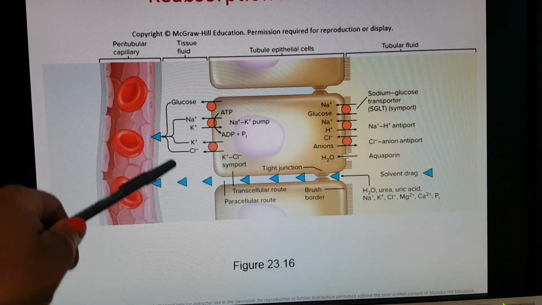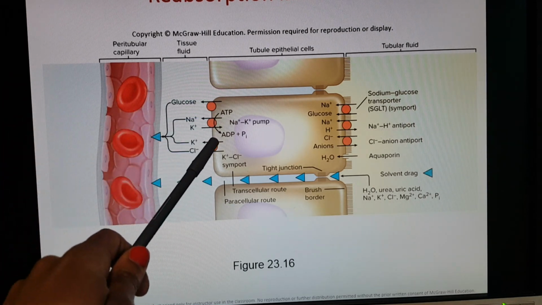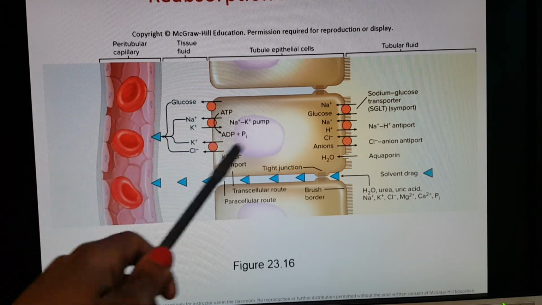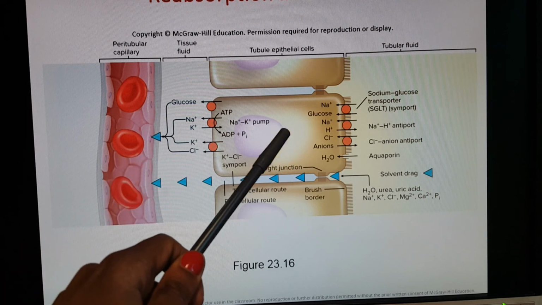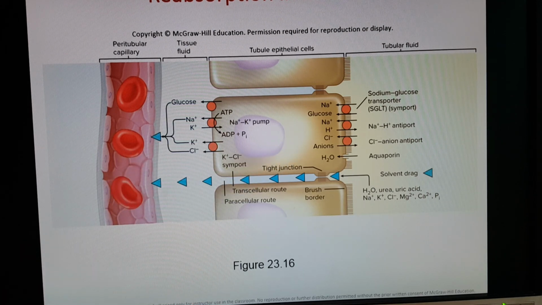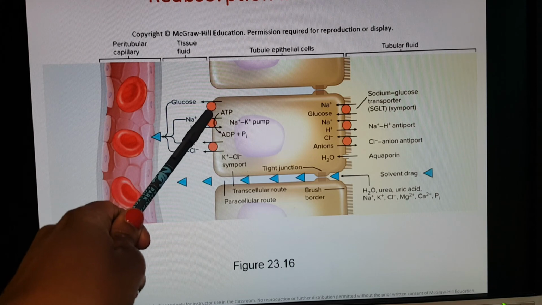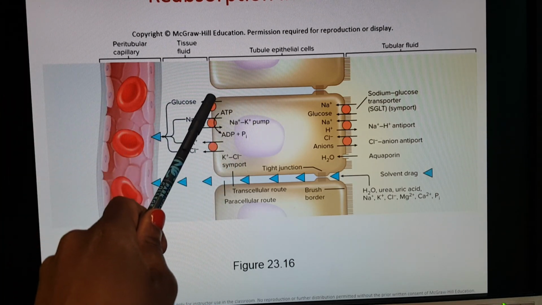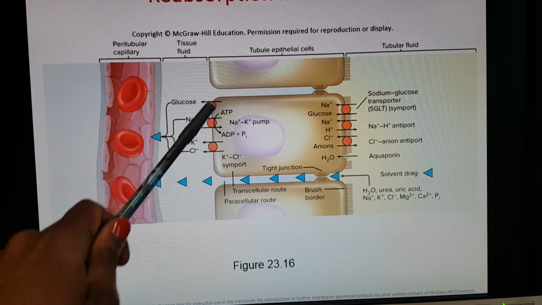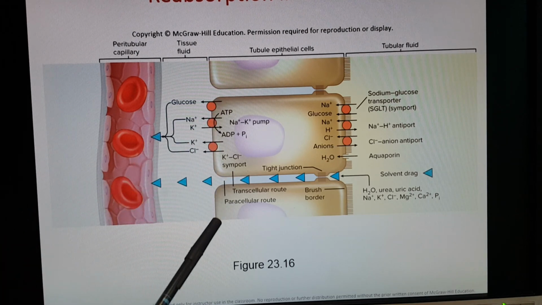So here at the opposite end, again, you have your sodium-potassium pump, setting up those gradients, so pumping sodium back out of the cell, bringing potassium back in. This is active transport using up ATP. You have glucose transport, just its own transport going out of the cell so that it can go right back into your bloodstream.